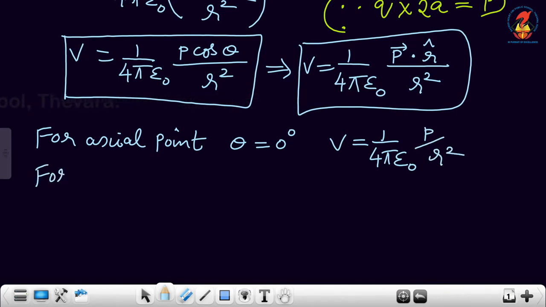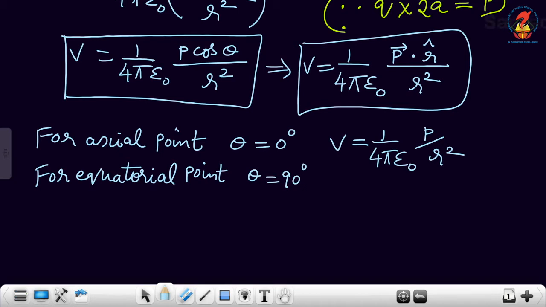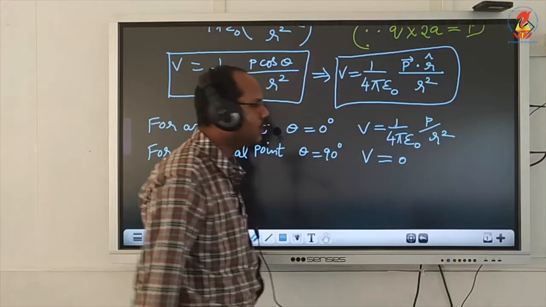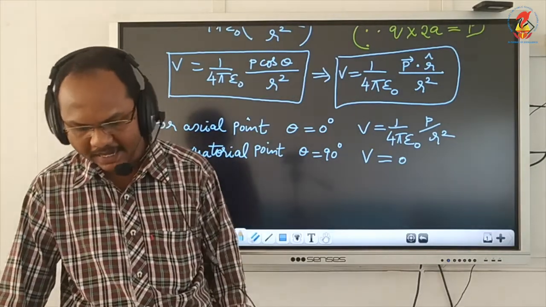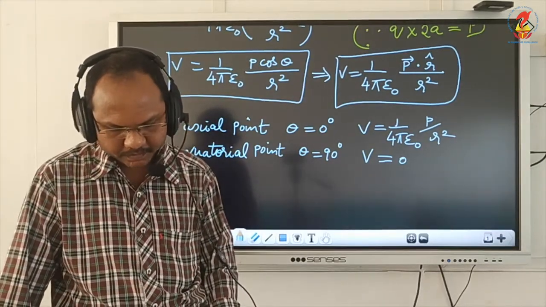Now for the equatorial point, theta is taken as 90 degree. So cos 90 is 0. Put it in the above equation, you will get V is equal to 0. So in this manner also we will get electric potential at the axial point and equatorial point.